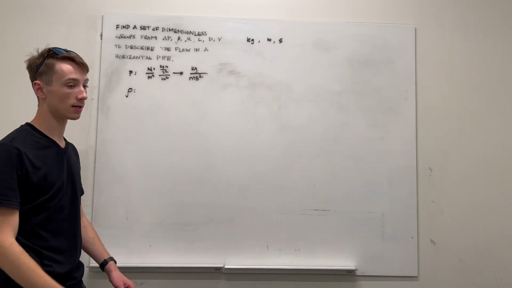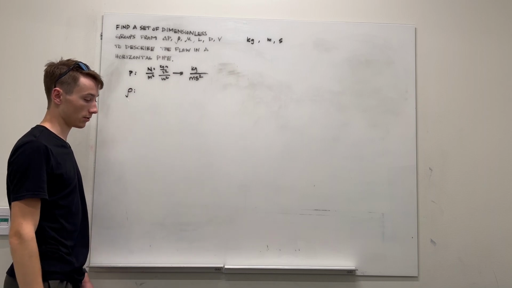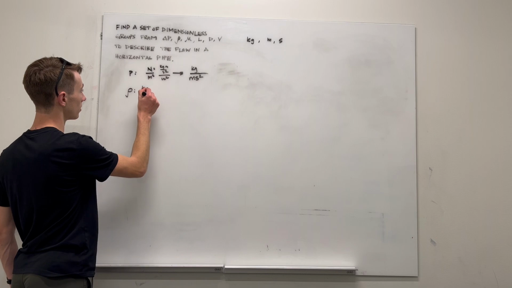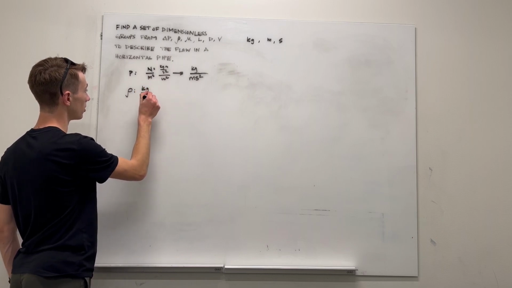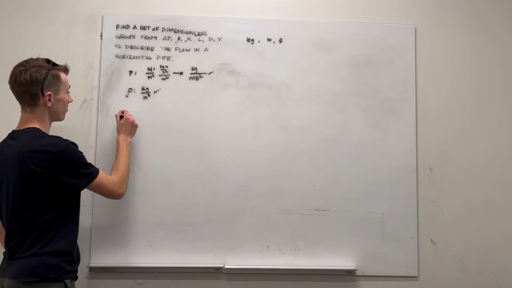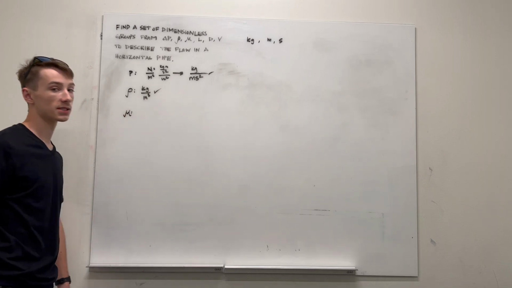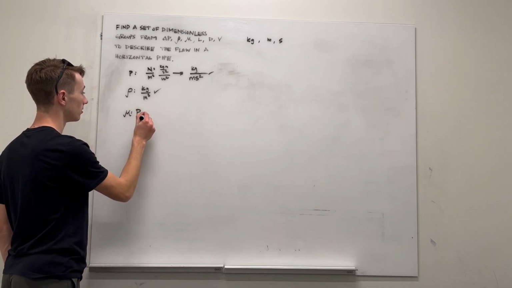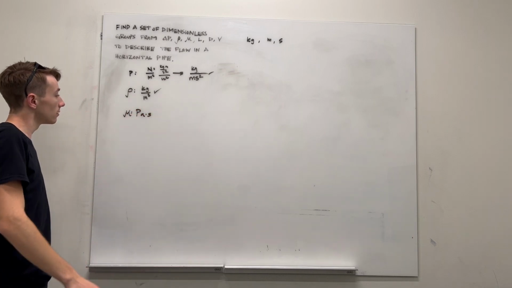Let's do density next. Density, we know, is equal to mass over a volume, so that would be something like a kilogram per meter cubed. We're good there. We have mu. Mu is viscosity, which is in units of Pascal seconds.